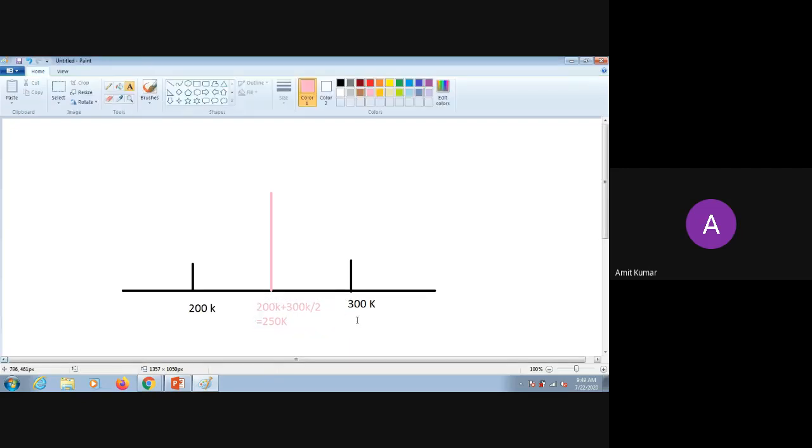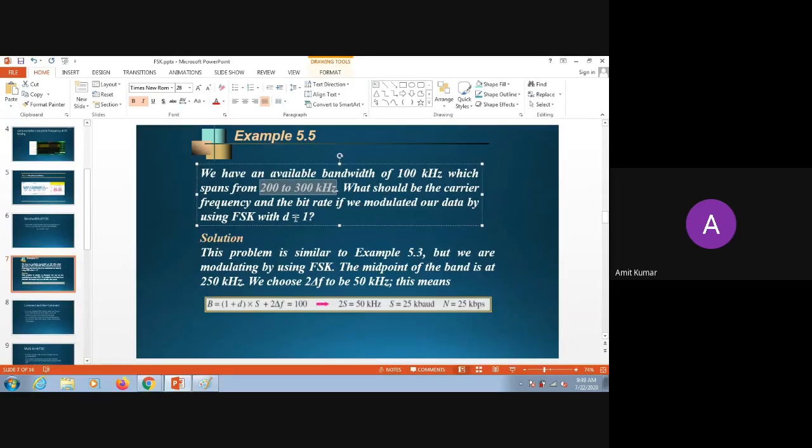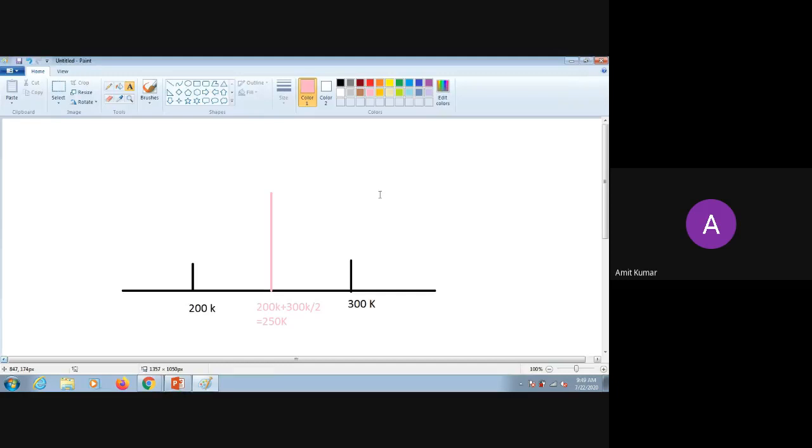Now we want to go for FSK, where the bit rate is to be calculated and they have given the D. So in your FSK, two frequency components should be available. Where will they be available?